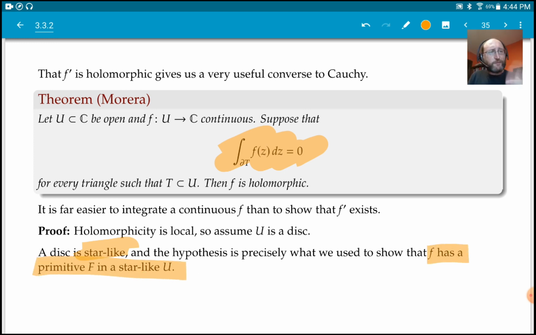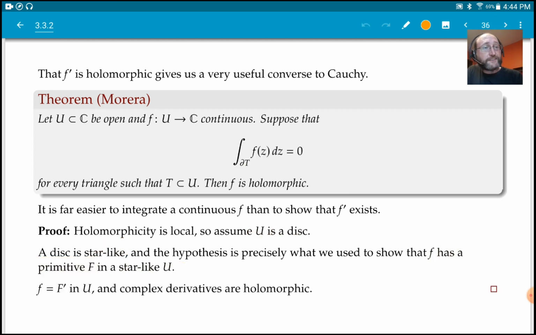That was a proposition that we proved, that if this is true for every such triangle in a star-like set, then we had a primitive. So that means that there is a primitive in U as long as U is a disk, right? So there's some capital F such that capital F prime is little f.